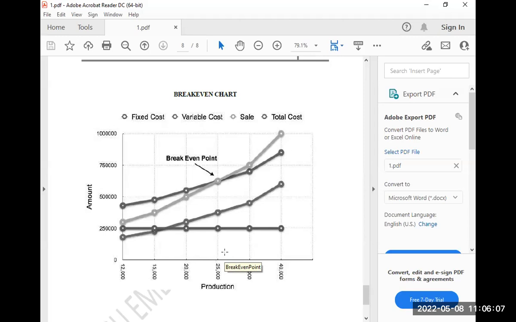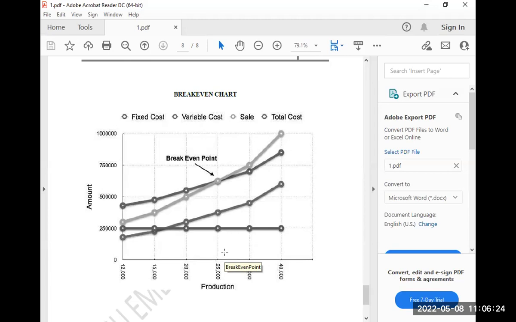Break-even point can be identified by having a break-even chart also. The total revenue touches the total cost, and that point is called the break-even point.